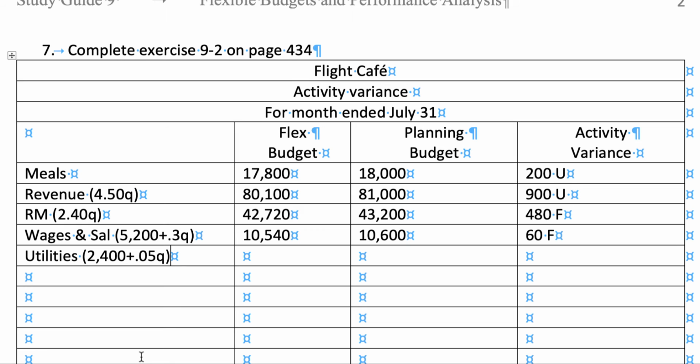Okay, so if the book didn't give me the answer, I would have to take 17,800 meals, plug it into that equation of 2,400 plus 0.05 times Q, which we'd substitute as 17,800. Don't need to do that. Book already gave me the answer. It is 3,290.